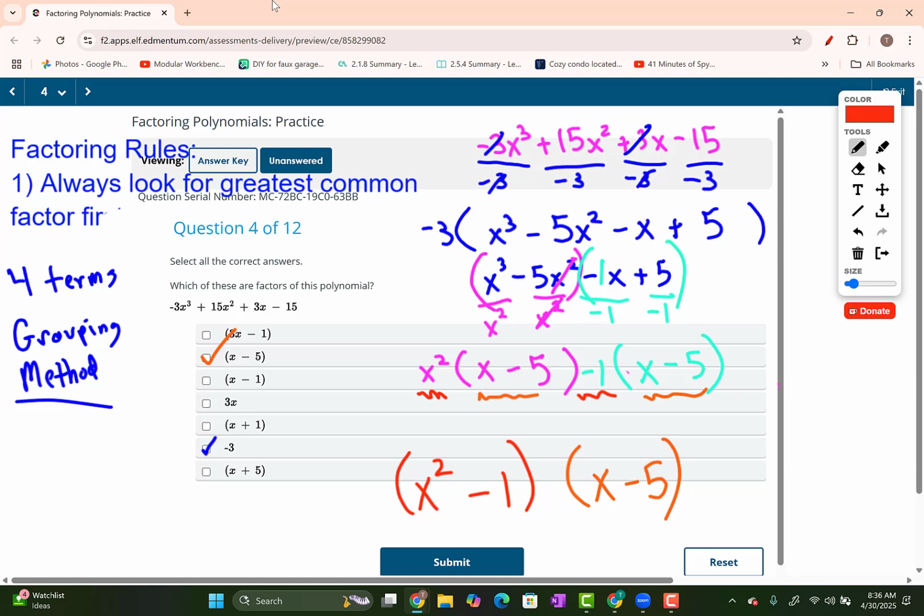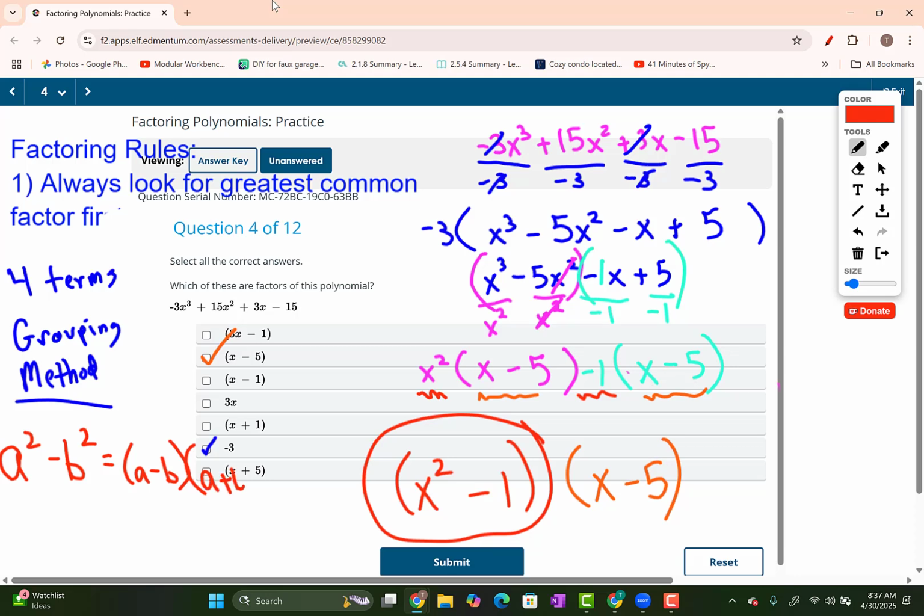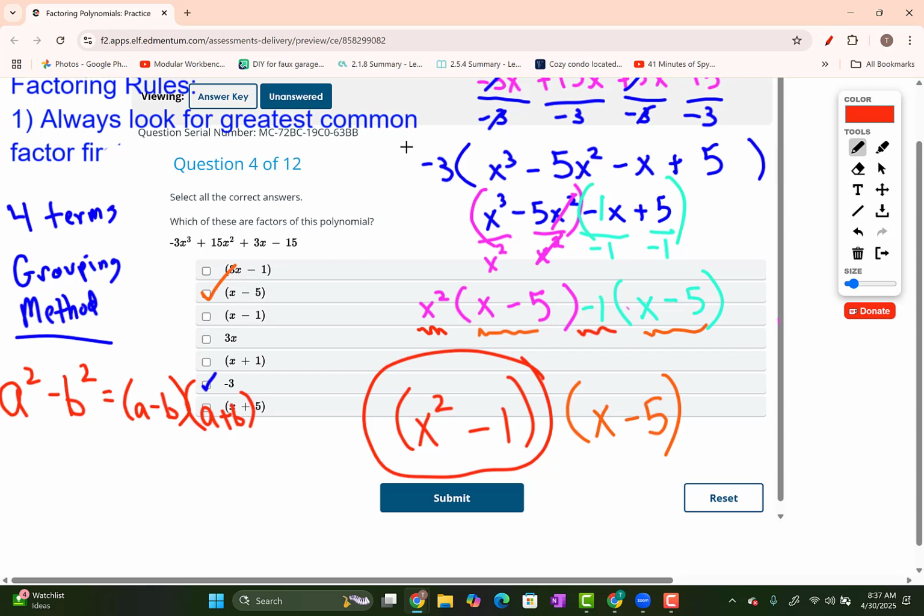And that's because we can factor x squared minus 1 one more time. This you should recognize as a difference of 2 squares. In difference of 2 squares factoring, we can factor it as an a minus b and an a plus b. So the square root of x squared is x, and the square root of 1 is 1.